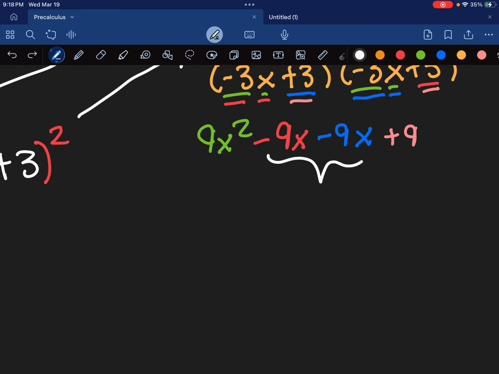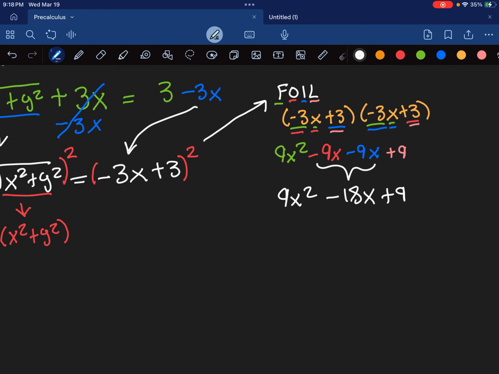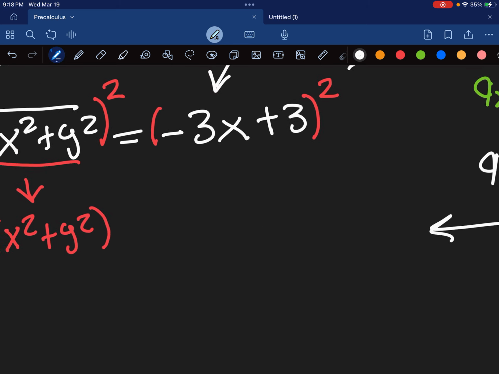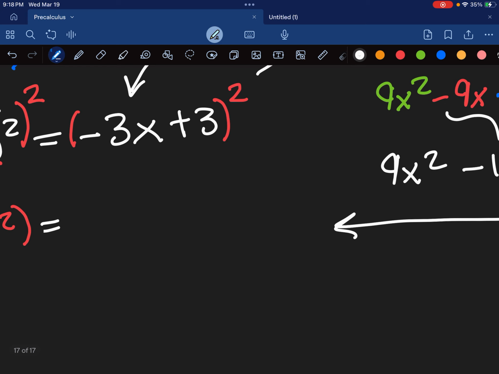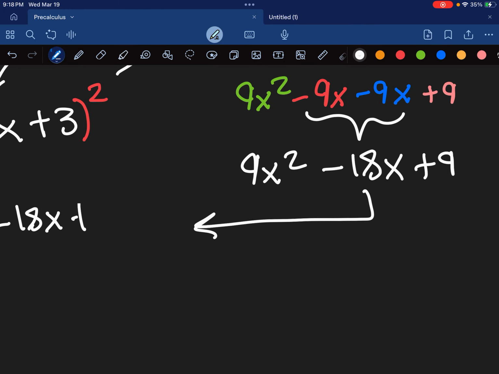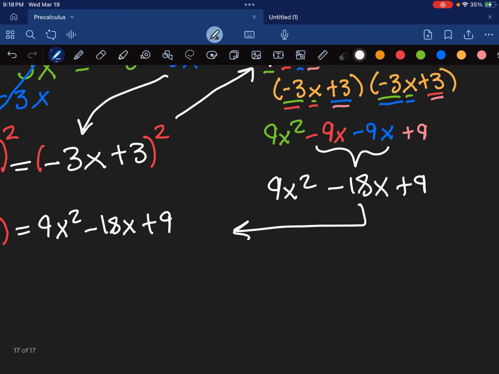So this comes out to just, let's see, negative 18x. Okay, now we're going to move this to the rest of the equation.